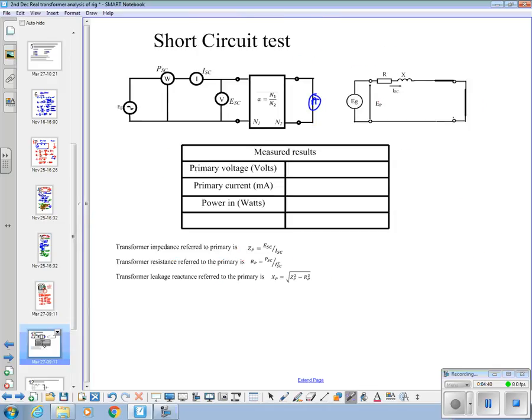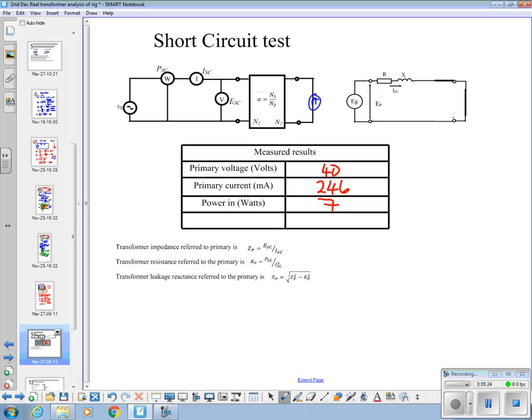Moving on to the short circuit test. What value did we apply on the primary side? 40 volts, much lower than nominal voltage, that way keeping the secondary current low. Primary measured current at 40 volts was 246 milliamps, and the power measured on the primary side under those conditions was 7 watts.